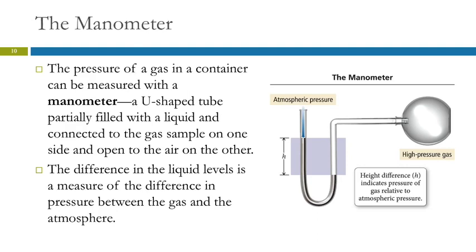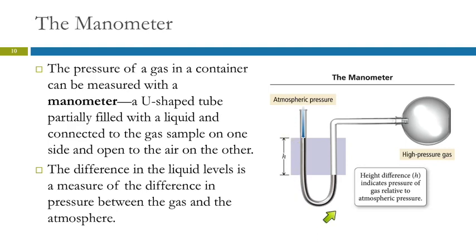How do you measure pressure in a container? Well, of course, we have lots of fancy pressure gauges now, but this is the original kind. It's similar to the barometer. It's called a manometer. Here we're making use of liquid mercury again. There's a U-shaped tube here that connects the gas under pressure to the atmosphere.